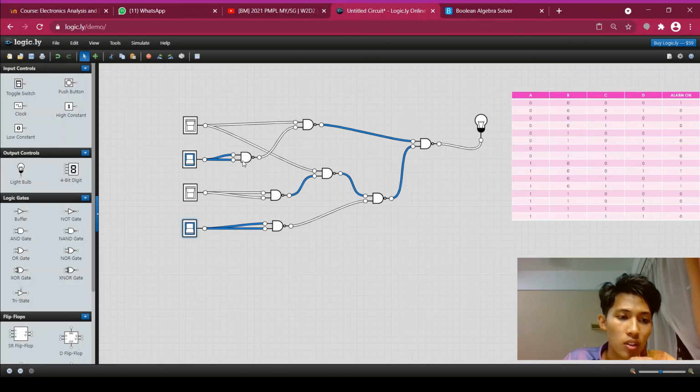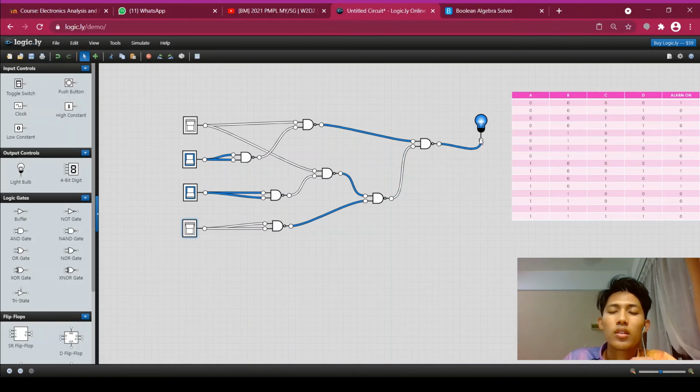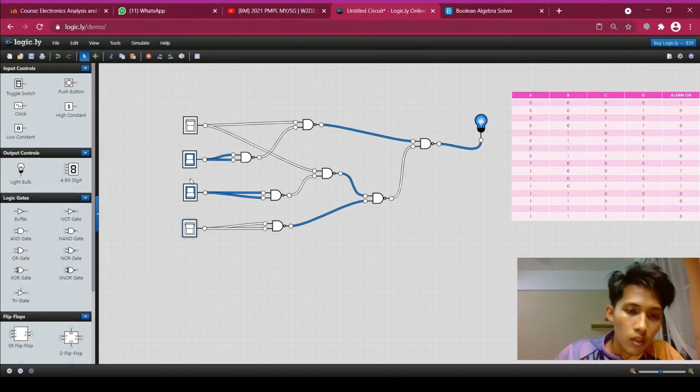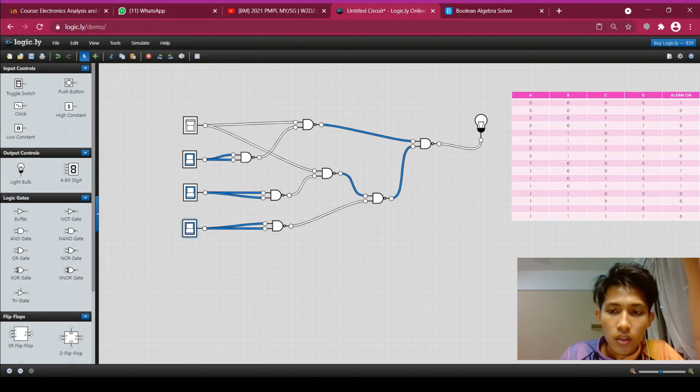We proceed to the next one, which is 0 1 1 0. The result is 1 here because the bulb is lit. Referring to the table, 0 1 1 0 is 1. Correct. Move to the next one, 0 1 1 1. The result is 0.